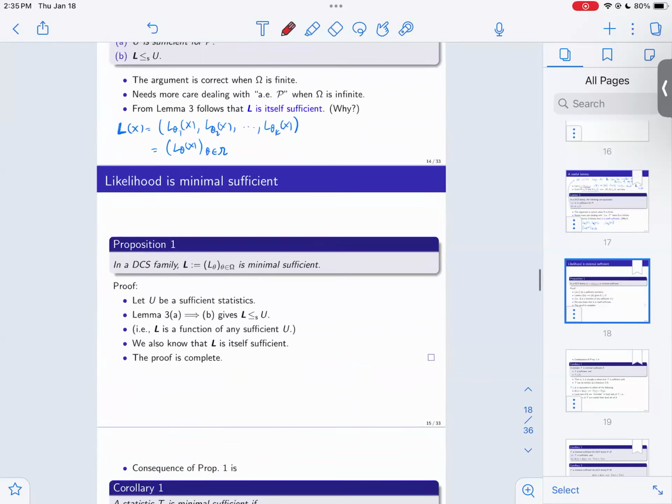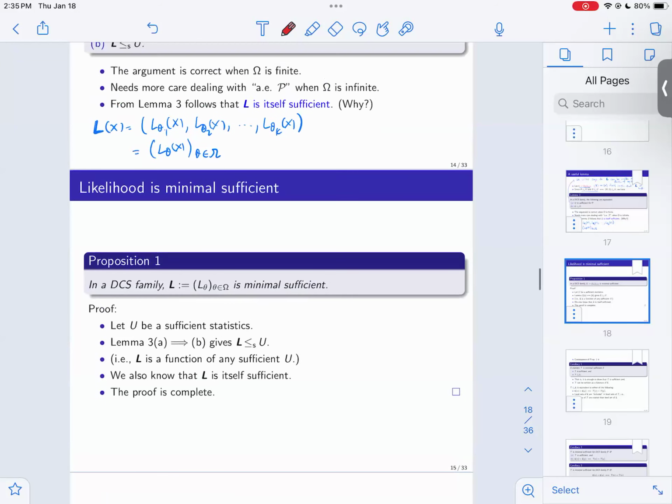The argument I gave you, A implies B and B implies A, gives you the two sides. So this L itself is minimal. The fact that L itself is sufficient follows from B implies A applied with U equal L.